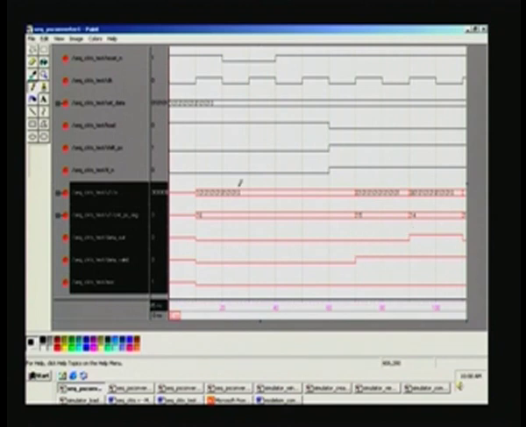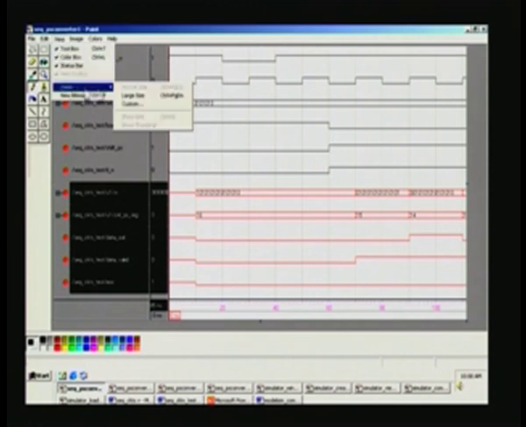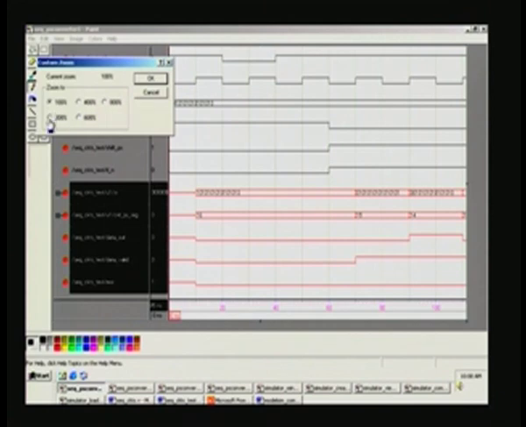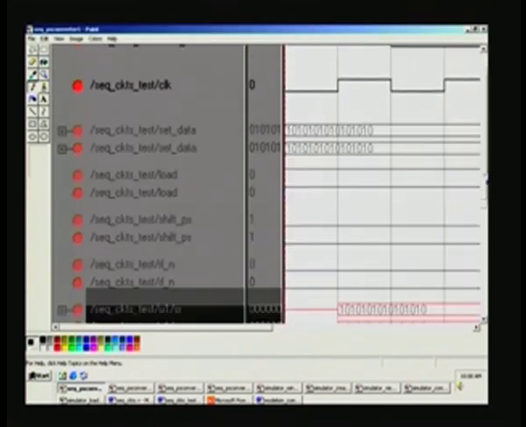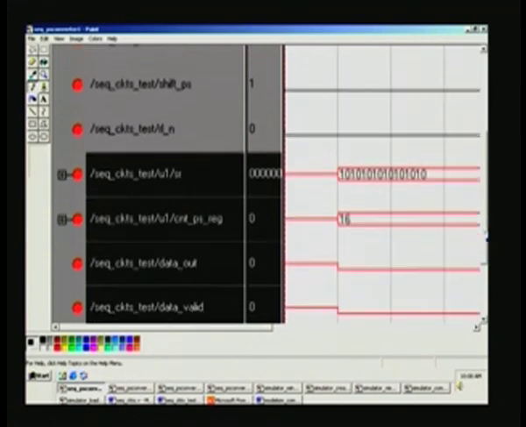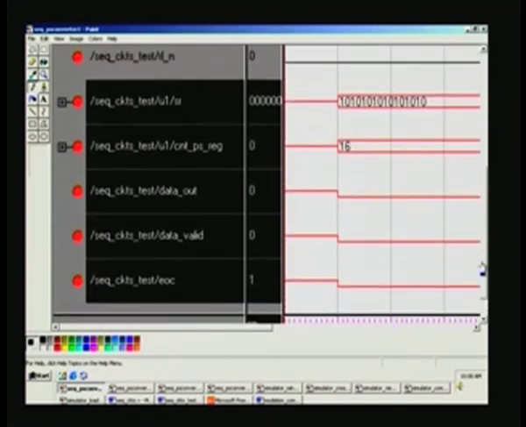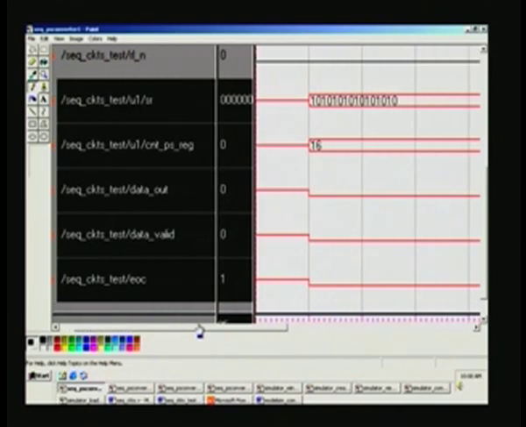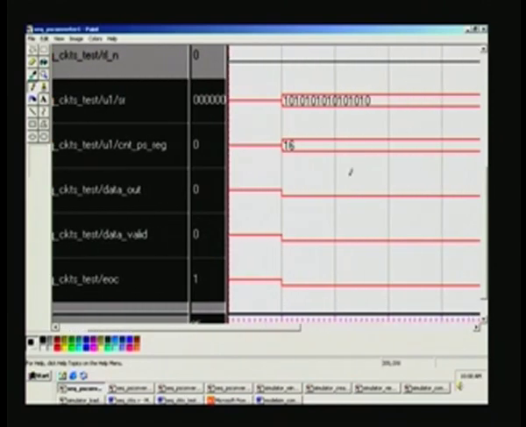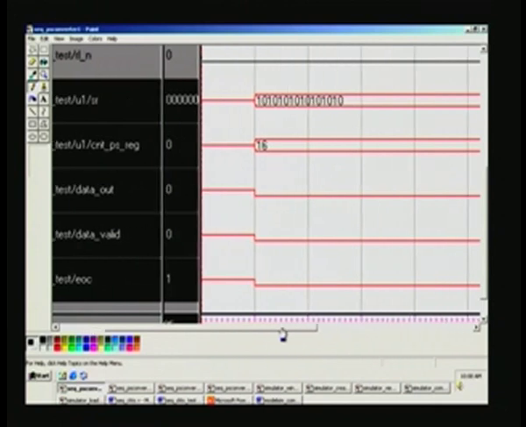So, first bit you would see, I will just zoom this. This is the shift register, this is the counter, and data out, data valid and end of conversion respectively here.